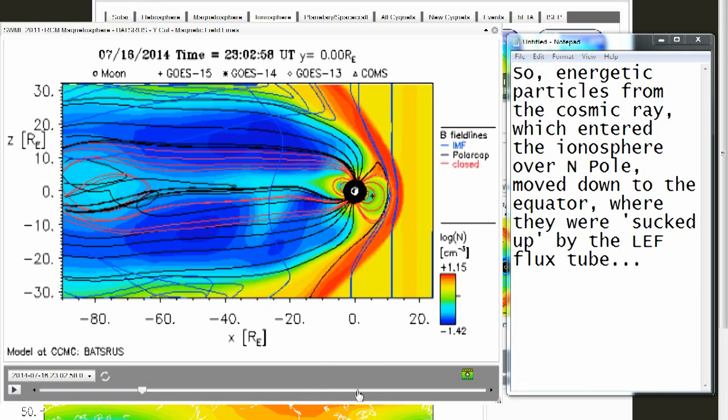So, energetic particles from the cosmic ray, which entered the ionosphere over the northern pole, moved down to the equator, where they were sucked up by the low energy field flux tube.